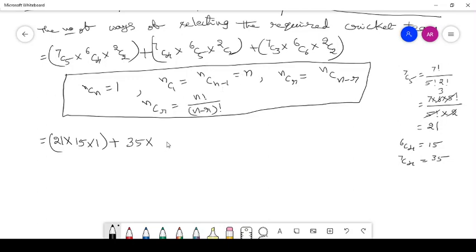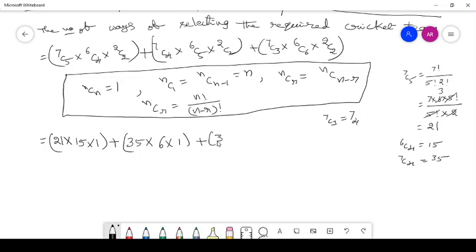So 6C5 is 6, into again 2C2 which is 1, plus 7C3. By using nCr equal to nC(n minus r), 7C3 is equal to 7C4, since 7 minus 3 is 4. We know that 7C4 is 35.